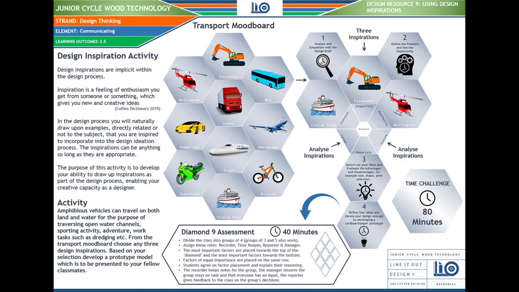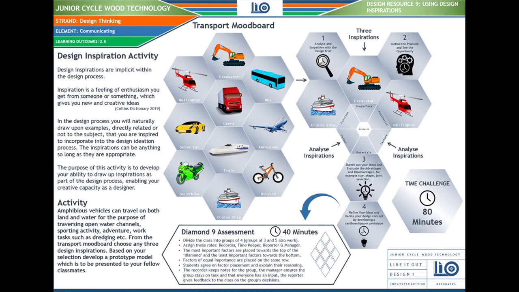So from there then I might look at applying a colour from the excavator or the helicopter or whatever it may be, and I start to generate different ideas relating to all 6 aspects that you have analysed.